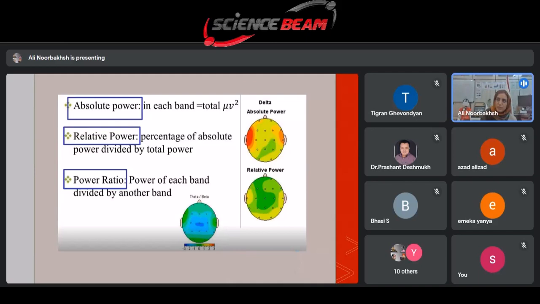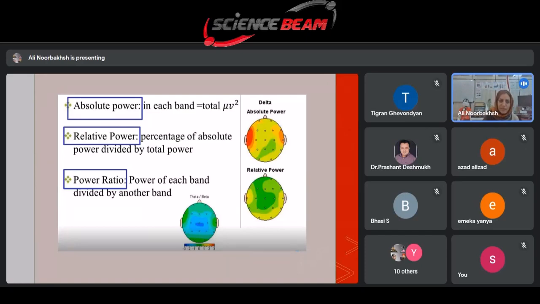Relative power is the percentage of absolute power divided by total power, and power ratio is the power of each band divided by another band.